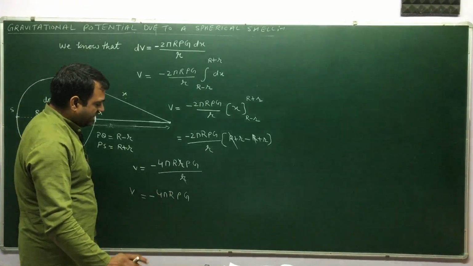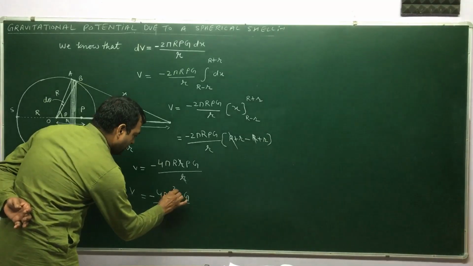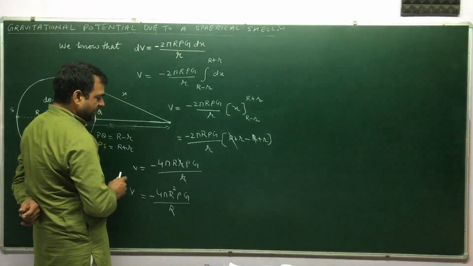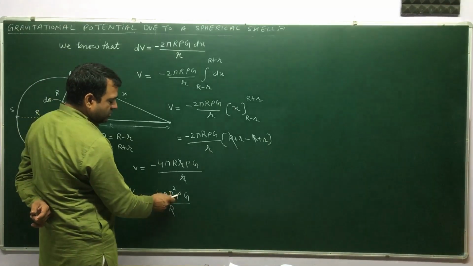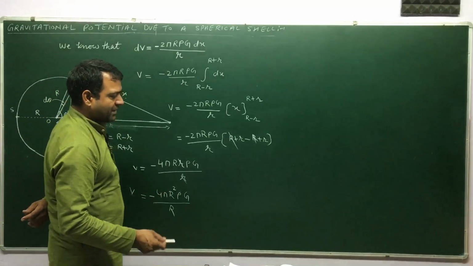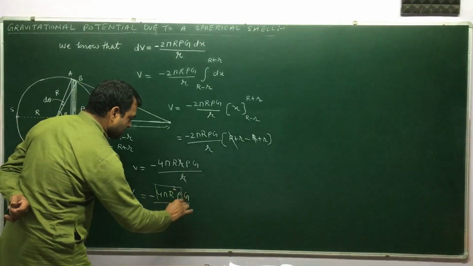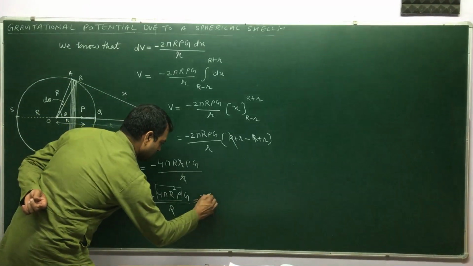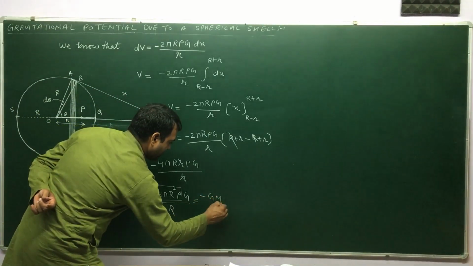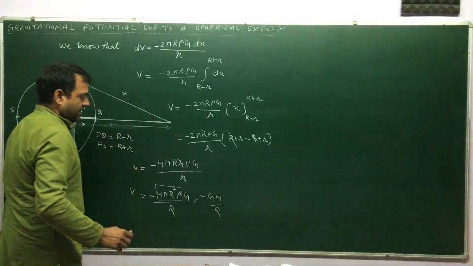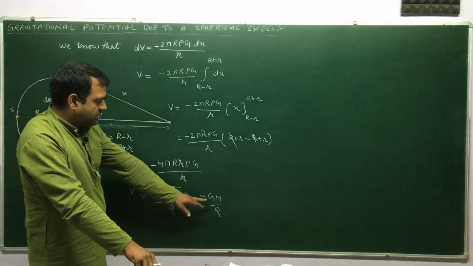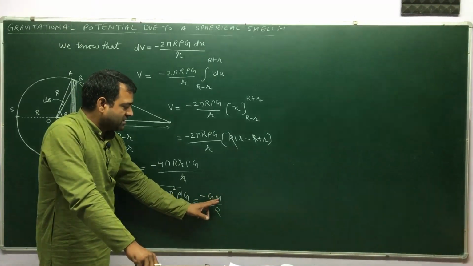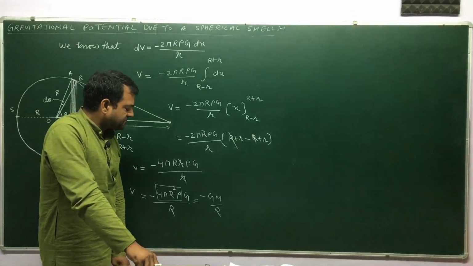Now multiply and divide this equation by uppercase R. So we got this one. Now 4 pi R square is the area of the shell multiplied with this rho. Rho is mass per unit area. So this quantity gives us the total mass of this shell, and this finally becomes GM by R. And for our surprise, what we have found out is a constant quantity, minus GM by R. All these three factors are constant for a given shell.